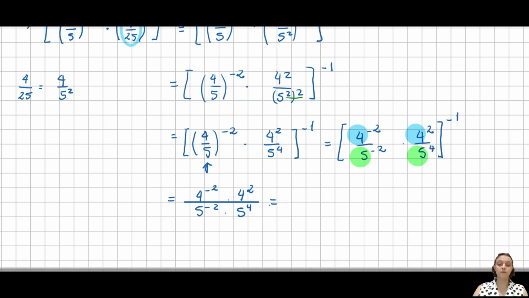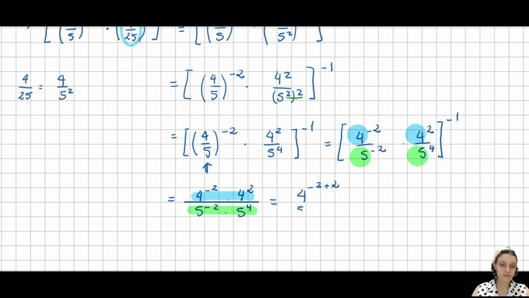And now we see that we have the same base in the numerator and the same base in the denominator. So we're going to apply the property on each level. So we have this, and then we have this right here. As we have the same base, we only need to add the exponents.